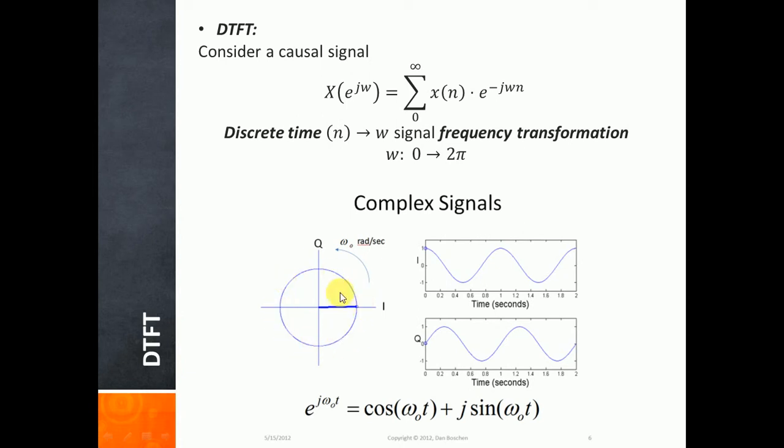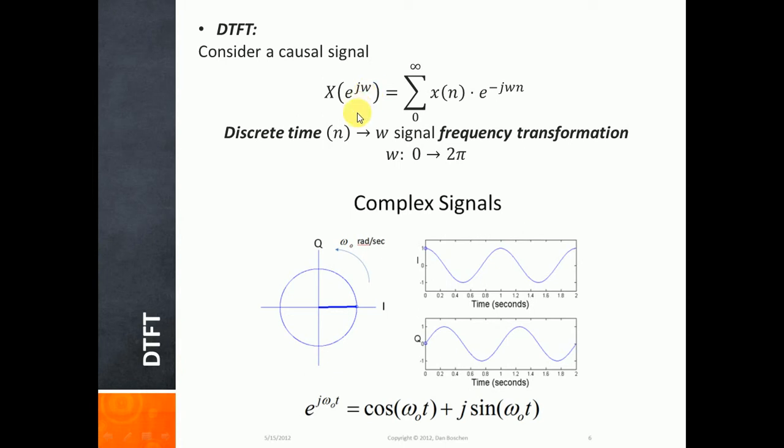And then it is continuous. Notice that omega is in fact continuous over this domain 0 to 2 pi. Moreover, it is periodic. Once it rotates once, it rotates again within the same component. That's something important to understand: you're converting a discrete signal into its frequency transformation, a signal defined in omega, which is continuous between 0 to 2 pi, and it is periodic.